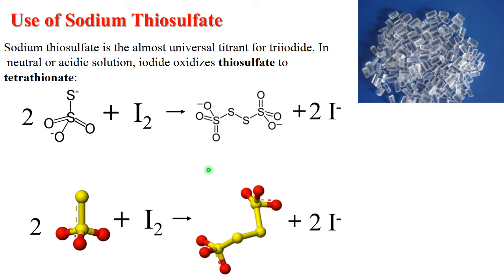This reaction goes almost instantaneously at any pH from very acidic all the way to pH 9 or even 10 with no problems. That's why it's very universal and very convenient. It's the only method we use to determine iodine itself.